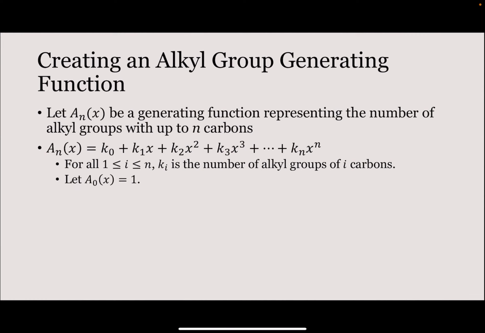And we're going to let our first term here be 1. So for example, the a_n group here will represent our generating function, which will tell you the number of possible alkyl groups for 0 all the way up through n.